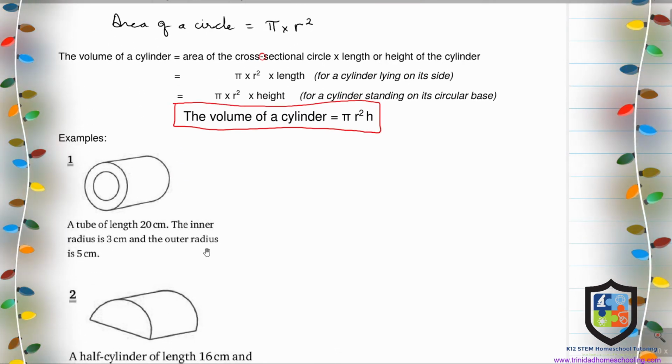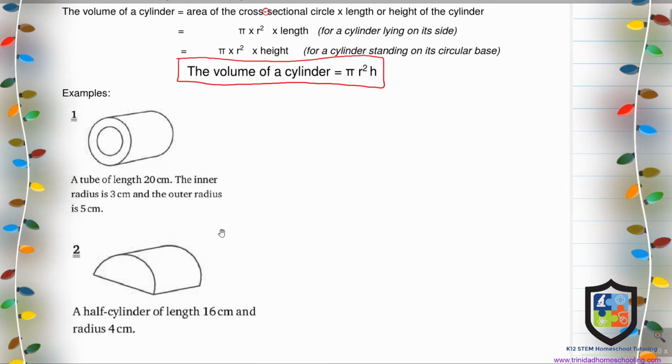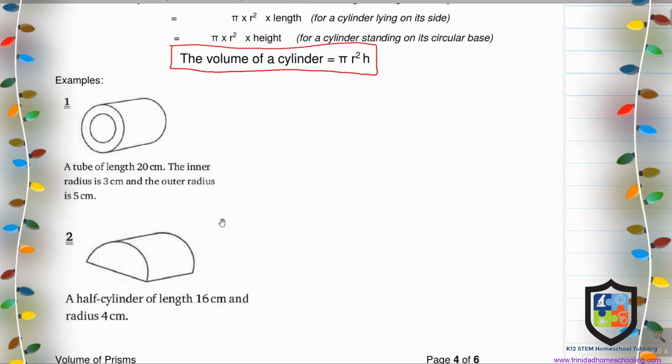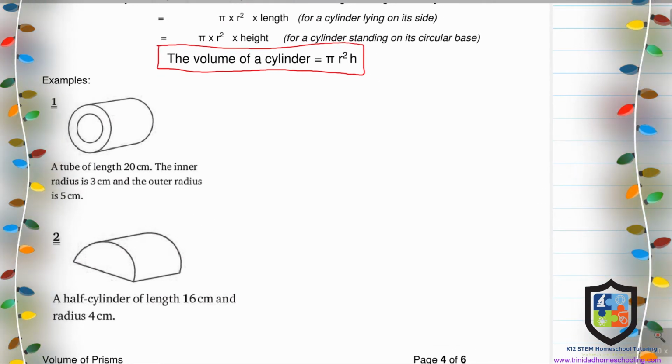So now we have some examples, and in this first example, we are seeing two circles. Okay, we have the length of the tube is 20 centimeters, so we could put in that value one time. Right, the length is going to be this dimension here, and that is 20 centimeters.